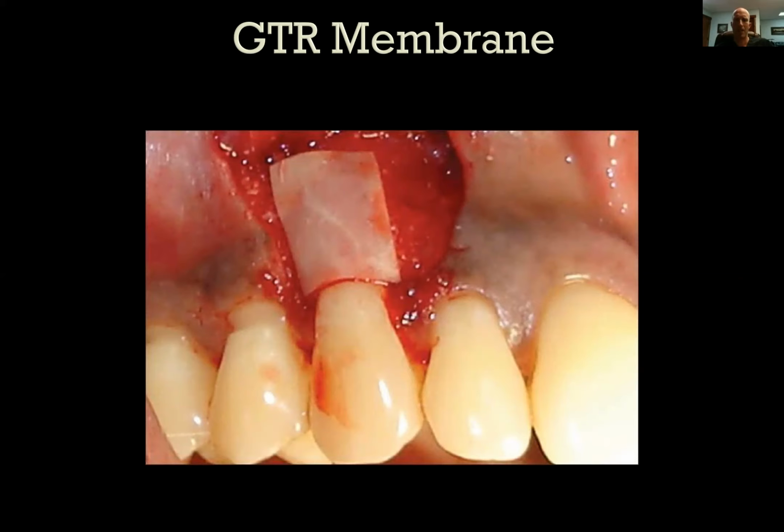There's some individuals that are pushing some specific techniques, vestibular approach techniques, using GTR membranes. However, we know these are resorbable membranes, and I've seen many of these cases 6 months, year after treatment, and I find that the results are not very impressive long term.